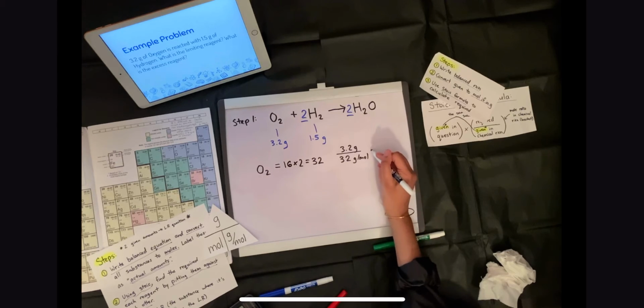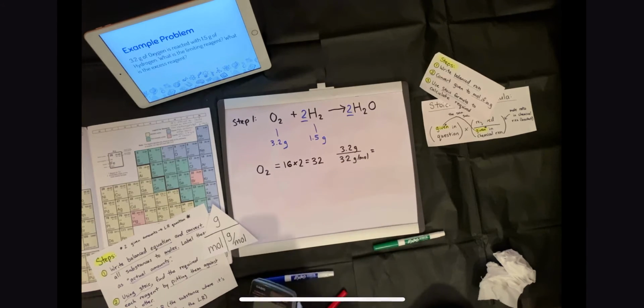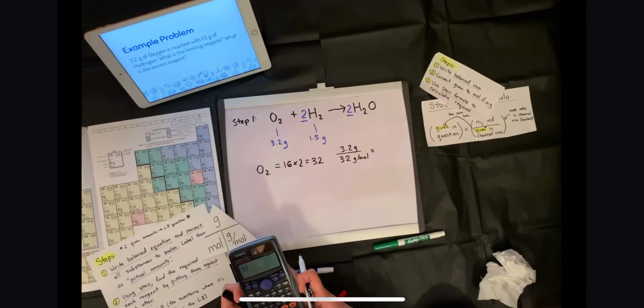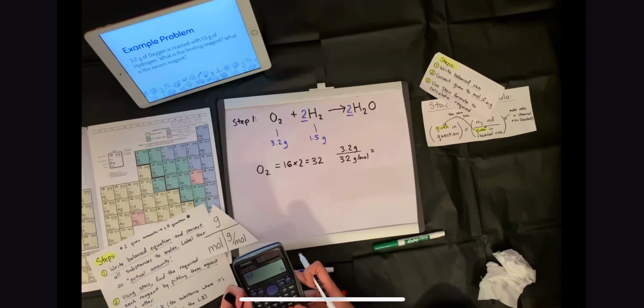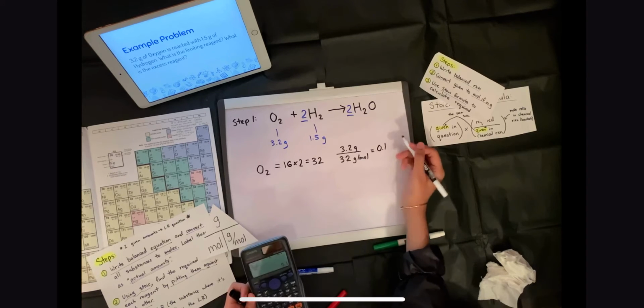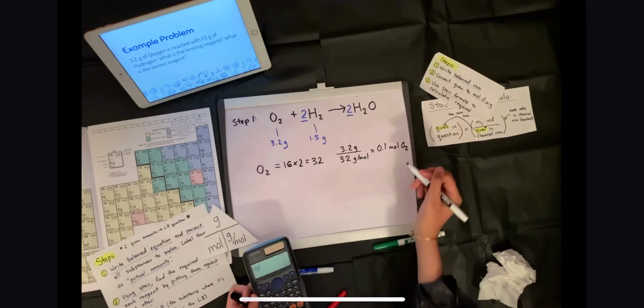What we get is 3.2 over 32, which equals 0.1 moles oxygen.